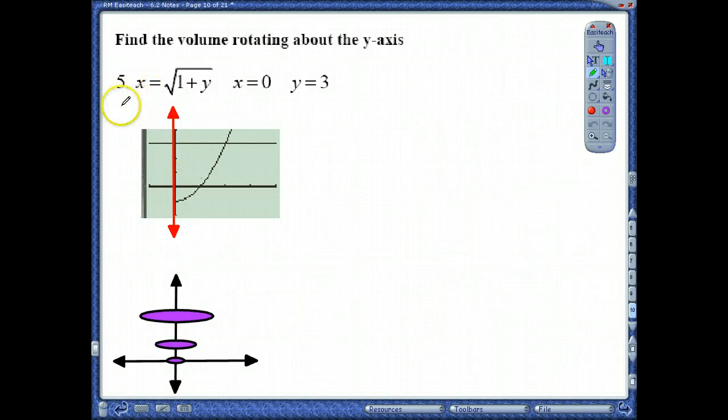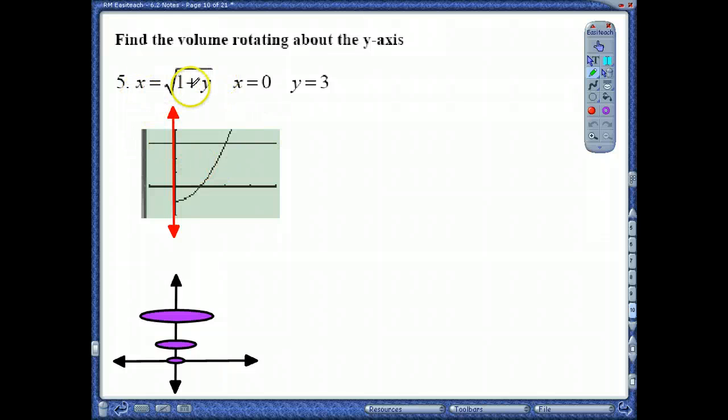All right, now number 5, when we graph this x equals the square root of 1 plus y, I want you to get in the habit of thinking about what those shapes look like, because when they are with respect to y, you have to know how to graph those. Whenever you have a square root, that means you have half of a parabola. When you are squared, you have a whole parabola.